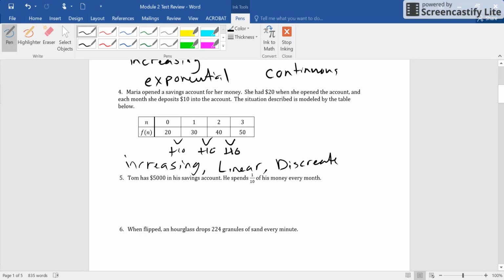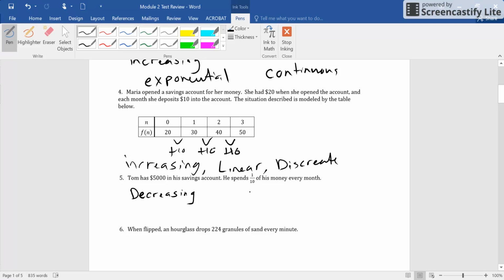Okay, Tom has $5,000 in his savings account. He spends 1/10 of his money every month. We want to know how much is in the savings account. So this would be decreasing, since his money's going down. All right, he spends 1/10.